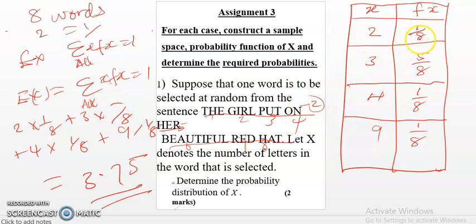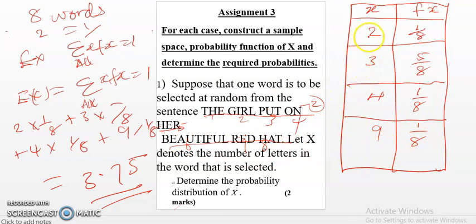That's why we have 1/8, because 8 is the total number of words in the sentence. 3 has appeared 5 times, and that's why it is 5/8. For 4 it is once, and that's why we have 1/8. And for 9, "beautiful", it is once, and that is 1/8.